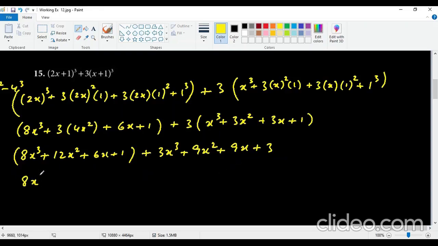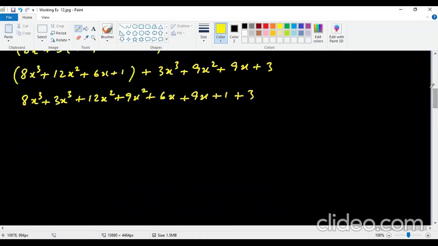Now 8x³ plus 3x³, plus 12x² and plus 9x², and plus 6x plus 9x, plus 1 and plus 3.